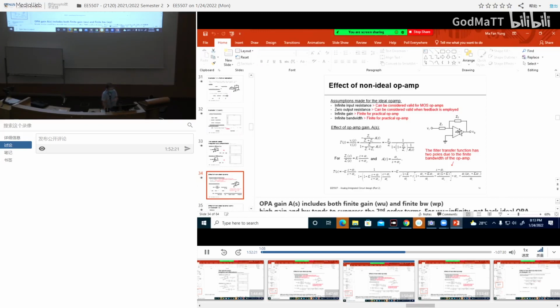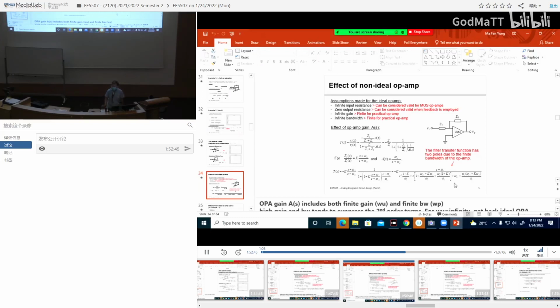previously, remember when we analyzed it and we assumed an ideal op-amp, we had a bilinear transfer function, right? 1 zero and 1 pole with some gain. Now, if you say my op-amp is not ideal anymore, it's a real op-amp with a finite minus 3 dB, finite gain, this is the transfer function.